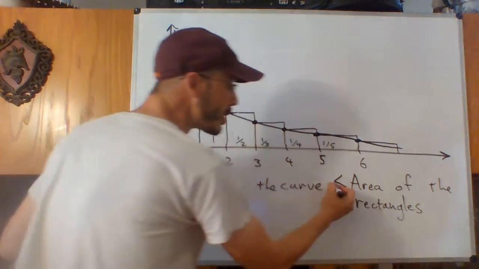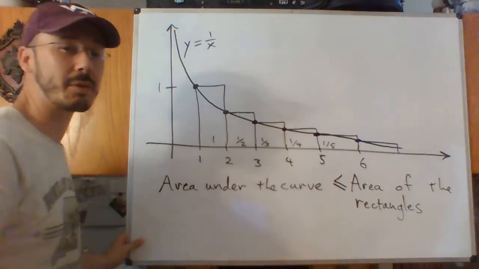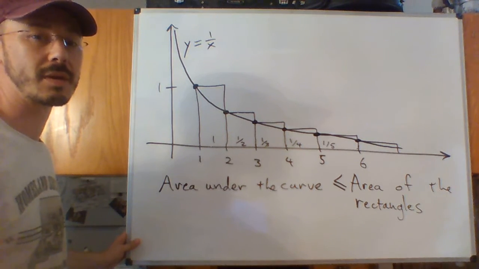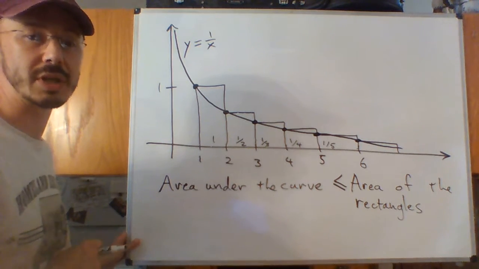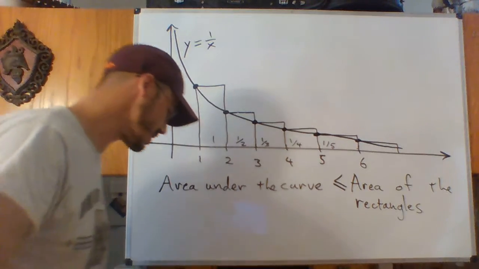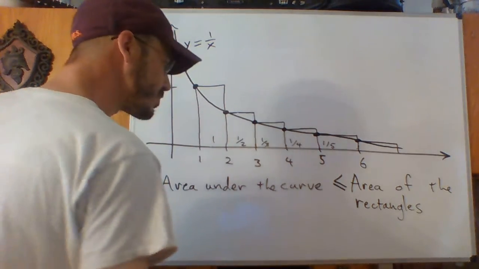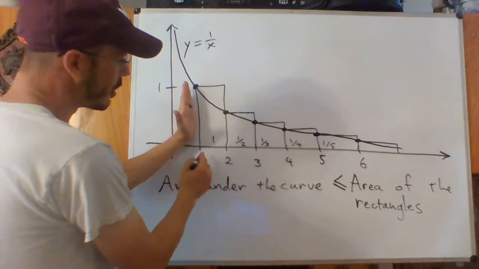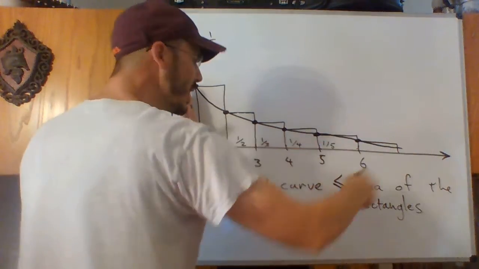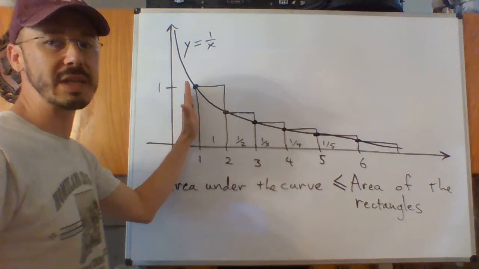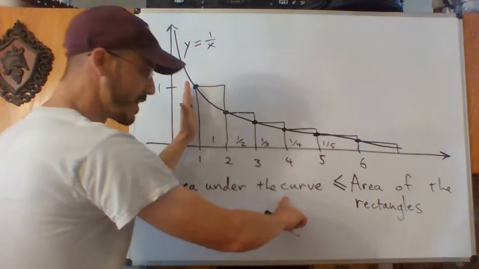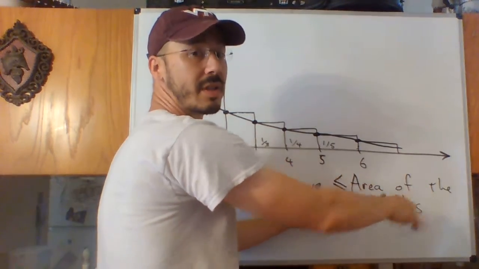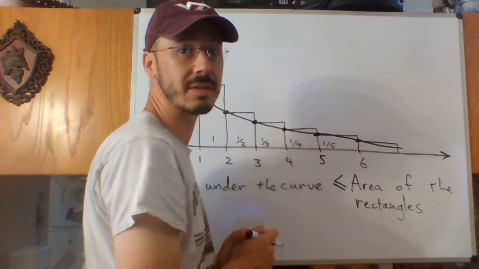In the limit, though, we can't be too sure about it. I'm not sure that they're going to be equal, but they end up being essentially the same thing. So what we're going to look at is the area under the curve from 1 to infinity, and it's going to turn out to be infinite. So if that's infinite and this one is larger, then this one is definitely also infinite.